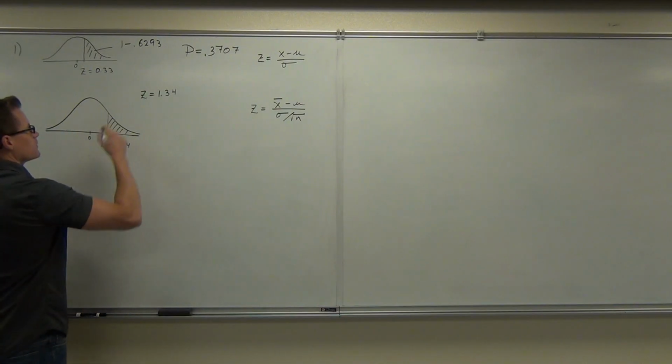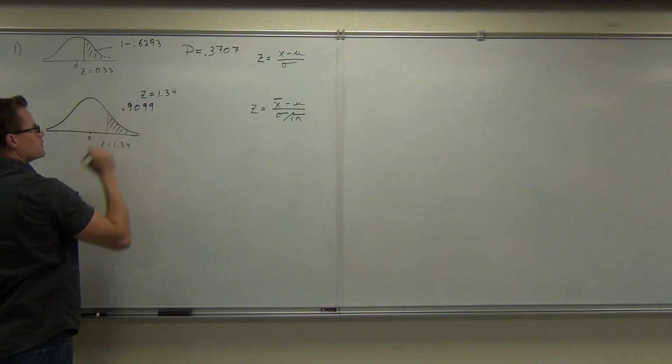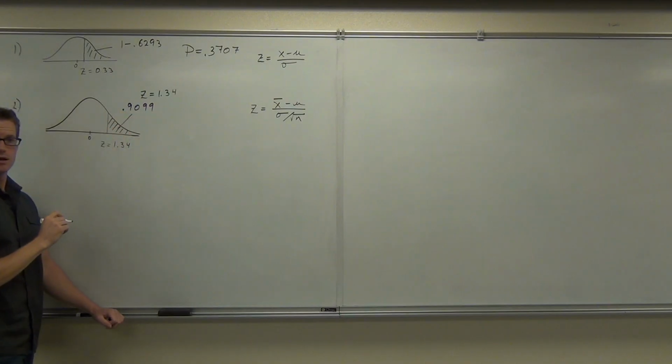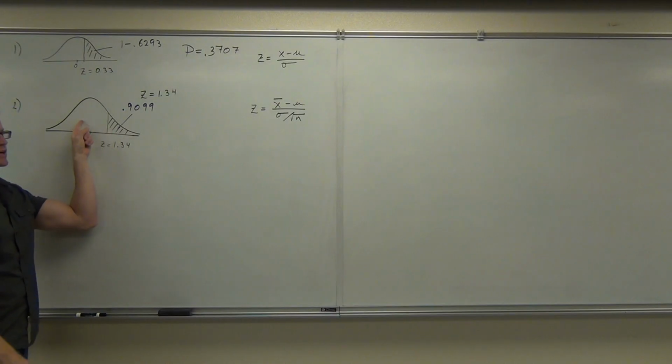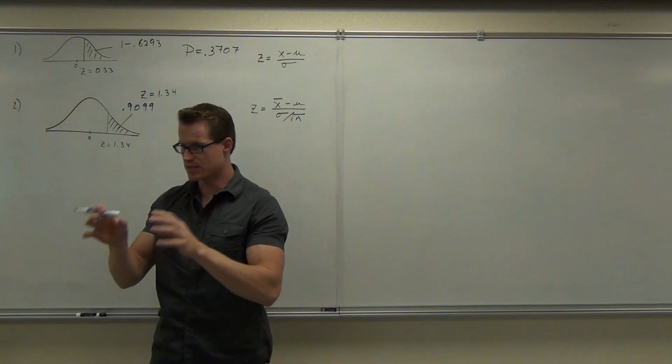Yes. Like that? Yes. That? No. Wait a second, what happened? I pointed to here. Is that right? No. Where is 0.9099? Is that this area? No. That's not the area I'm looking for. That's this area. So you need to know that the area is always going to be to the left. That's what the table is giving you.